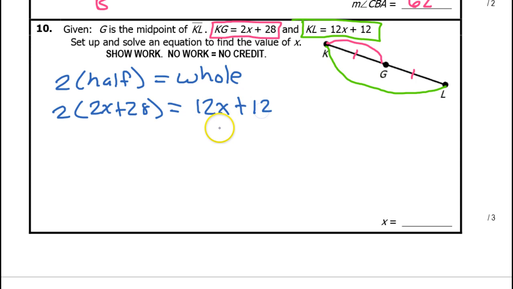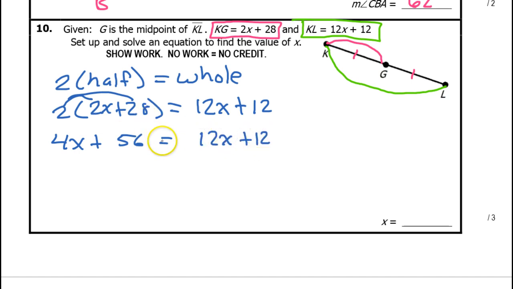So we're just going to solve this. We can do the distributive property, which will give us 4x plus 56 is equal to 12x plus 12. And then we need to get the x's together. I like to keep the x's positive, so I'm going to subtract the smaller one like this. So then that will be 56 is equal to 8x plus 12.